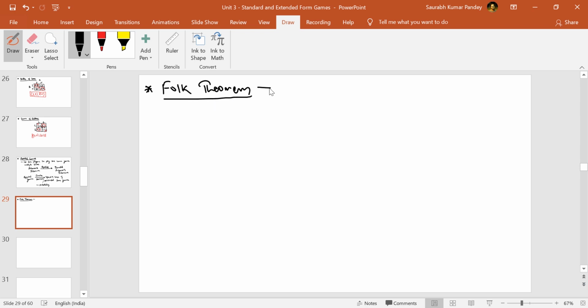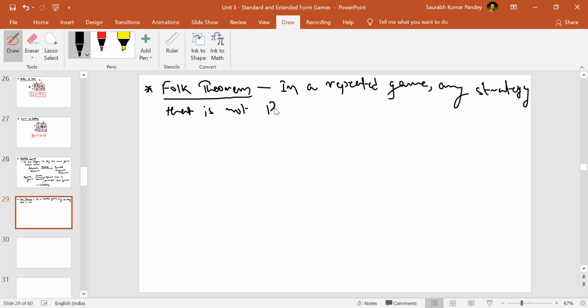So what basically is the folk theorem? Folk theorem says that in a repeated game, any strategy which is not Pareto dominated by another... Now you know what the meaning of Pareto dominated is.